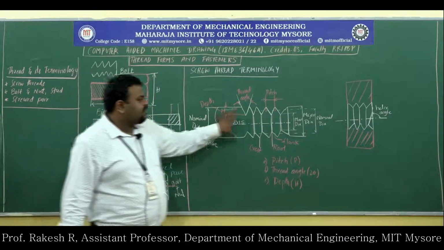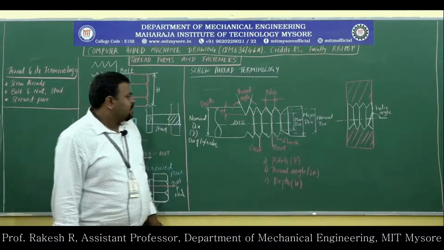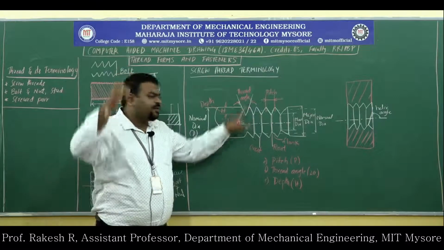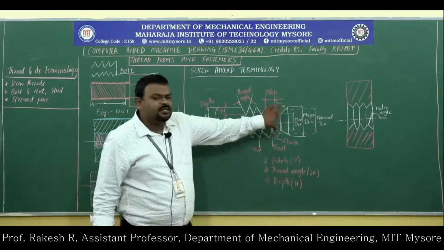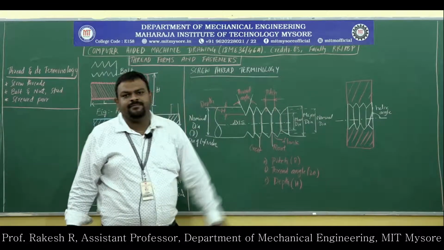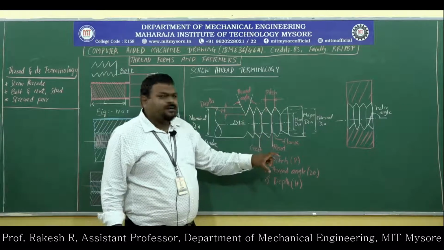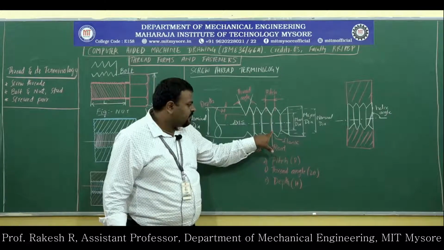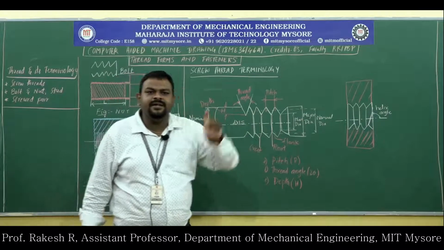For that I will cut V grooves. So for this V groove, the top portion to the bottom portion, that is nothing but major diameter. Next, below that there is one surface, the inner surface to inner surface, that distance is called minor diameter.